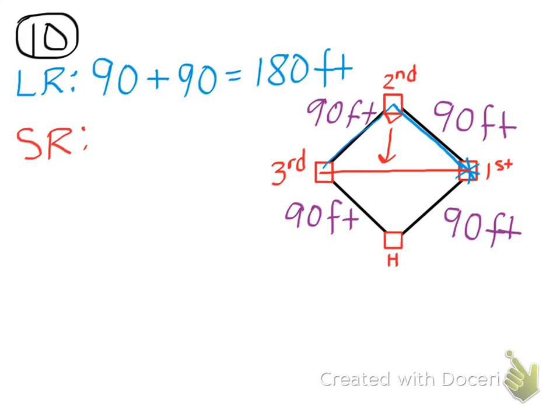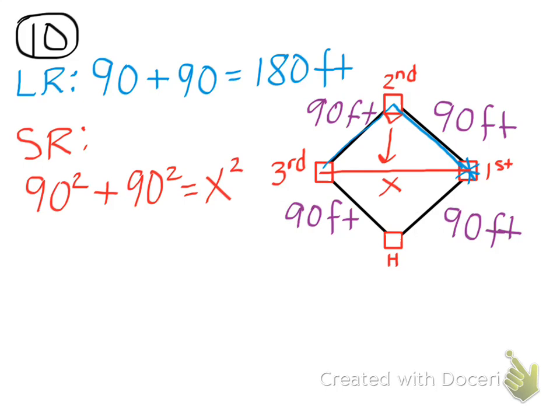So we have one of our legs, which is 90, so 90 squared plus 90 squared, which is equal to our hypotenuse, and I'm going to label our hypotenuse x. That's what we're looking for. So x squared.